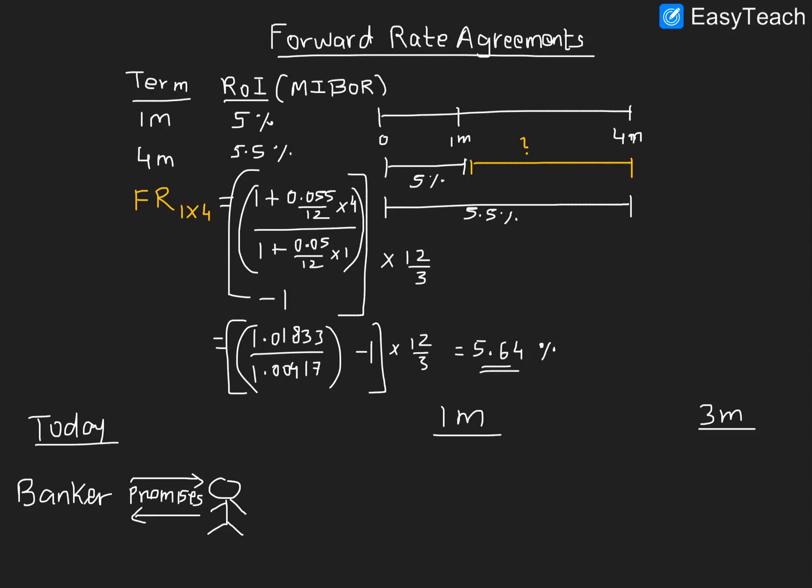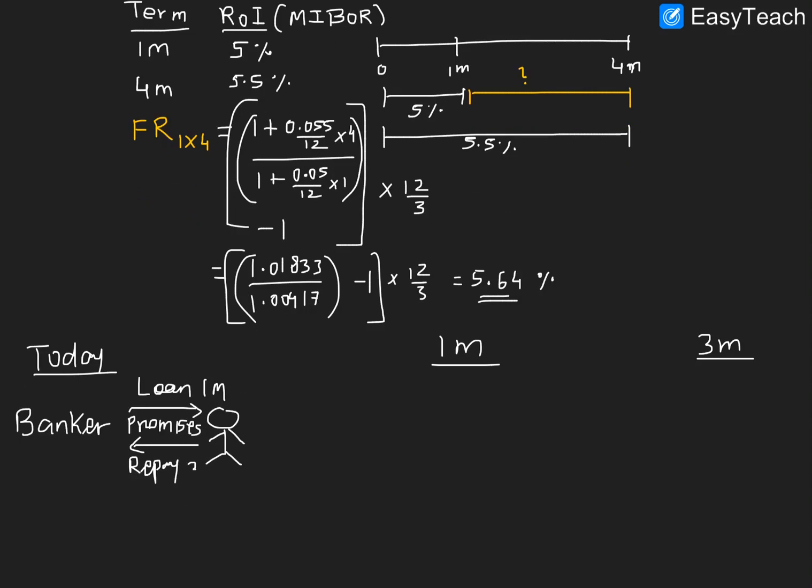The banker promises that he will give the customer a loan after 1 month, and the customer promises the banker that he is going to repay after 3 months, and the agreed rate between them is 5.64% as the rate of interest.